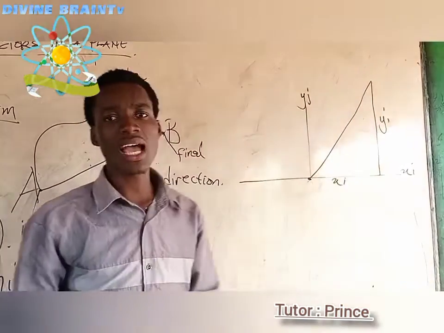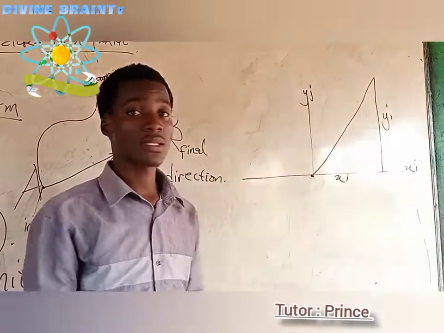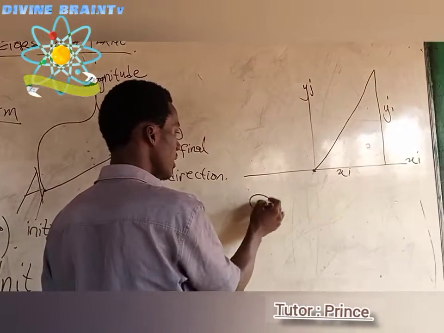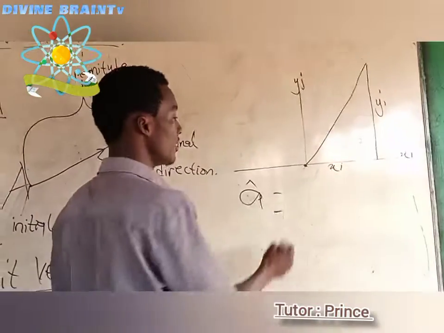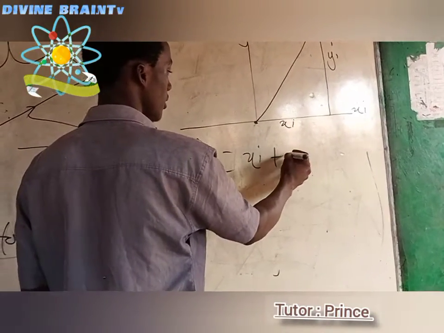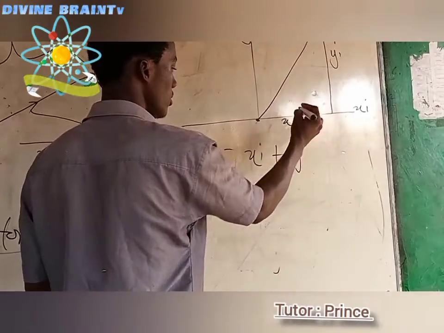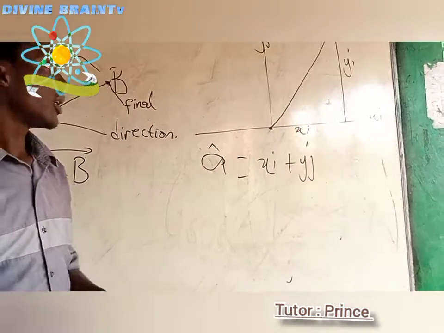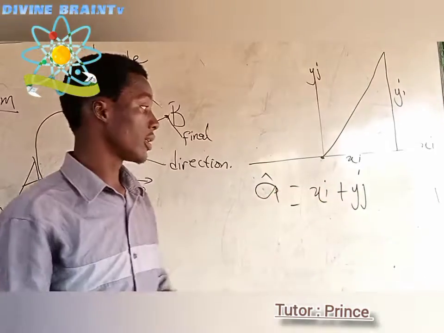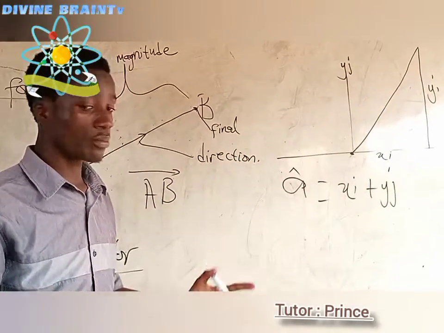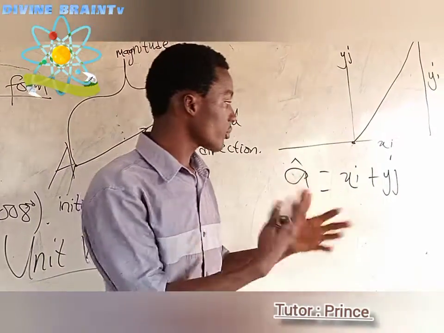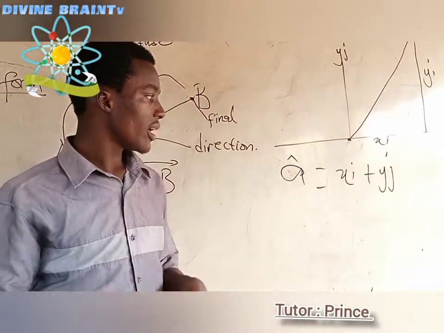So when we want to write our unit vector from this, A hat is going to be xi plus yj. So this is a unit vector using the Cartesian plane. I think this one is very simple, so make sure you practice by solving examples.